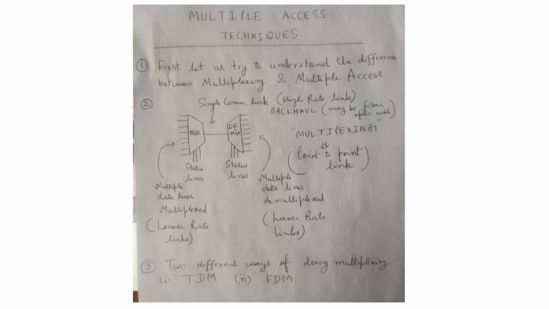So that means the time period will be divided into time slots, and each time slot will be allocated to different users. So this is time division multiplexing. The point is that we will be sending the data at a higher rate, so that each user can send data at a faster rate, and other users can also be accommodated.